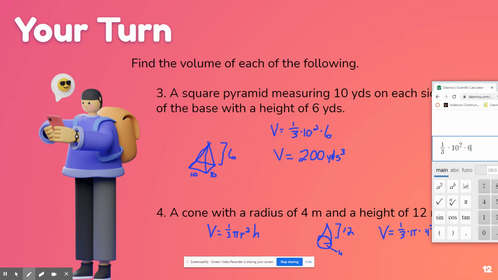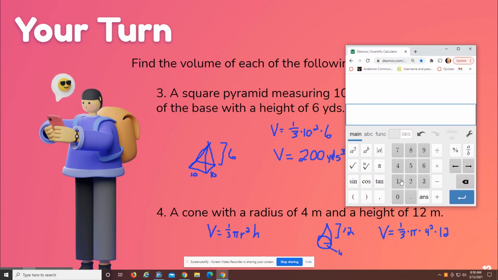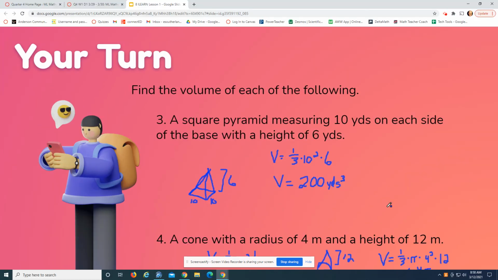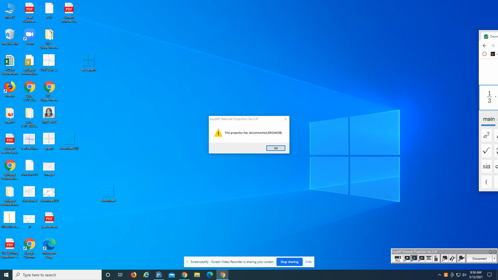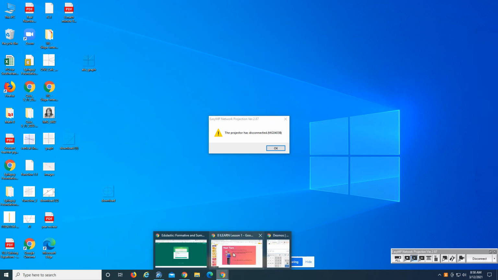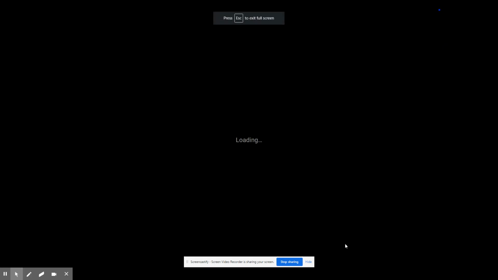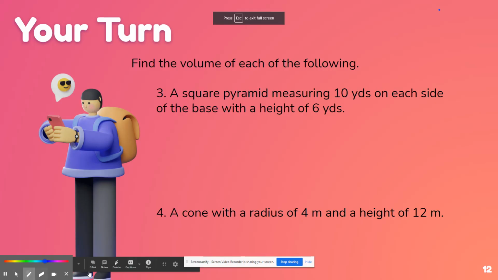If you were to do it without pi, you would get 1/3 times 4 squared times 12, which would give you 64 pi, for what we just entered in.